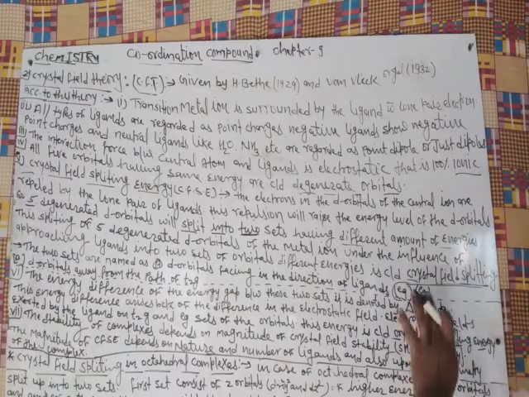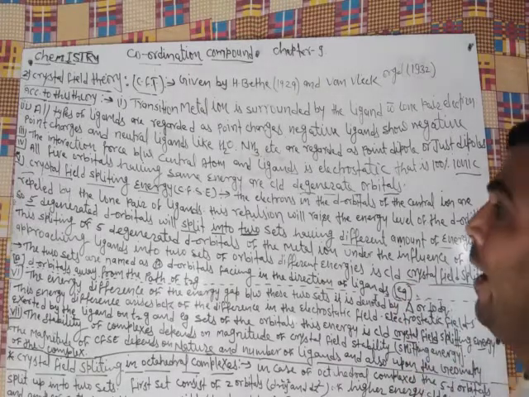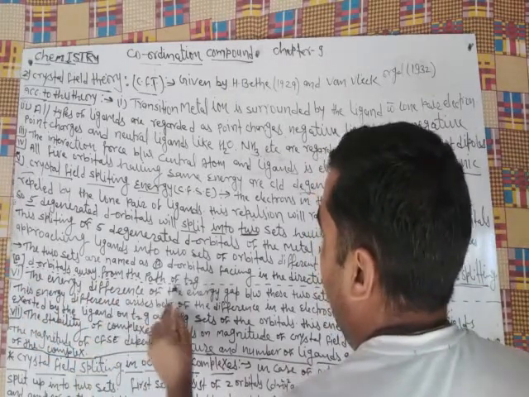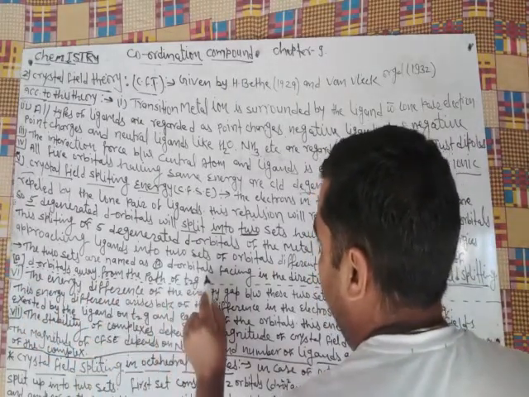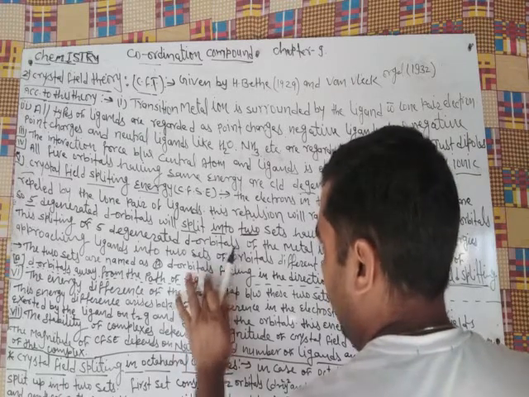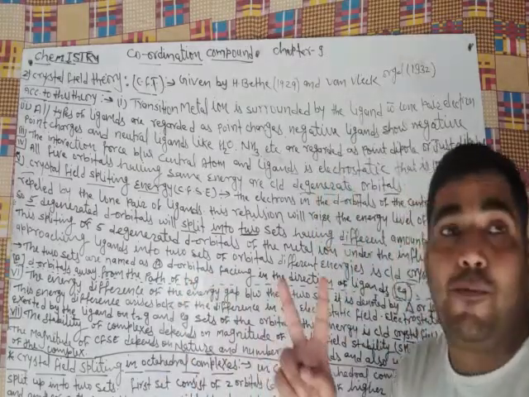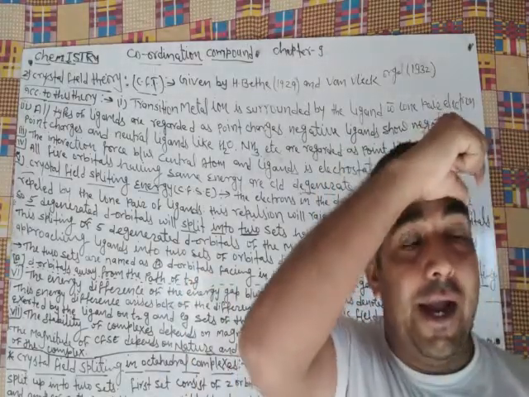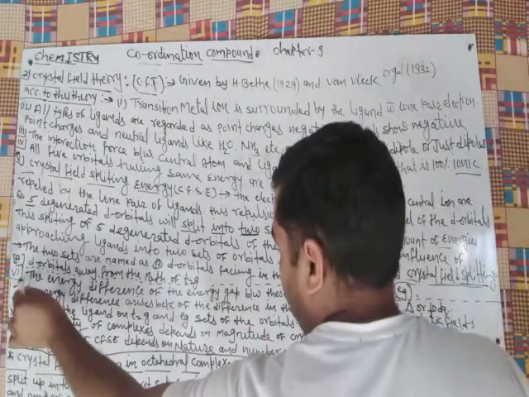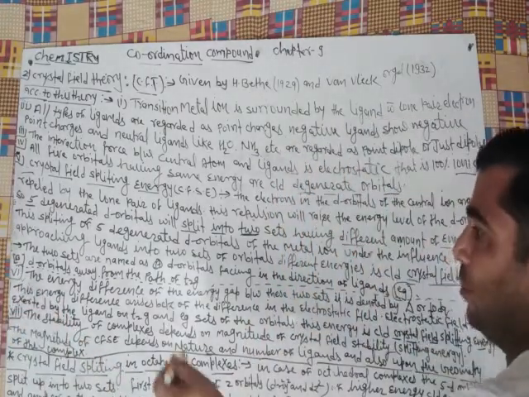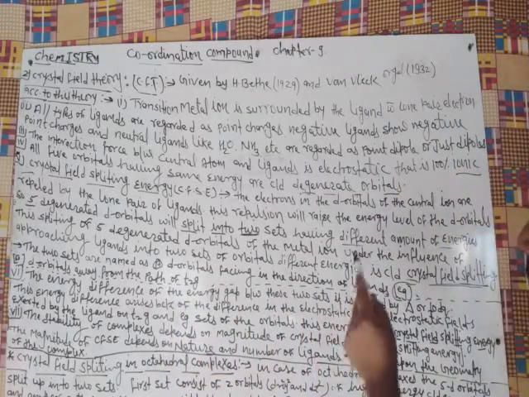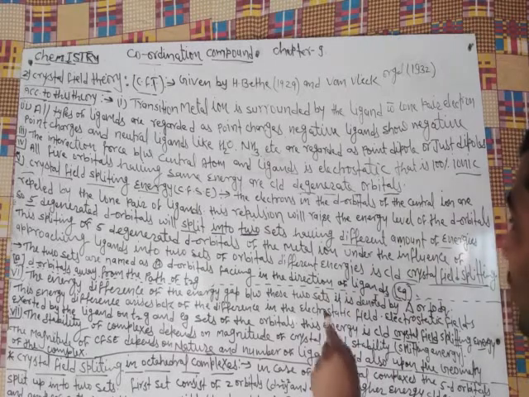The second set is the d orbitals away from the path of the ligands, T2g. So two sets are formed: the first set is Eg and the second set is T2g.